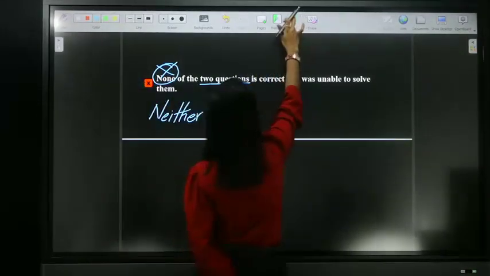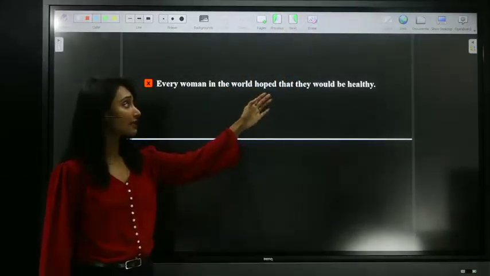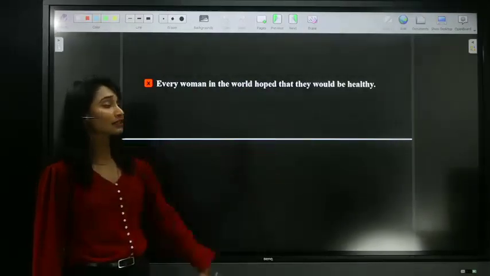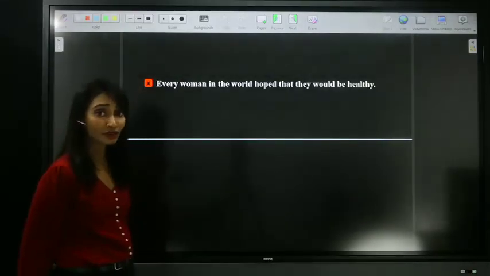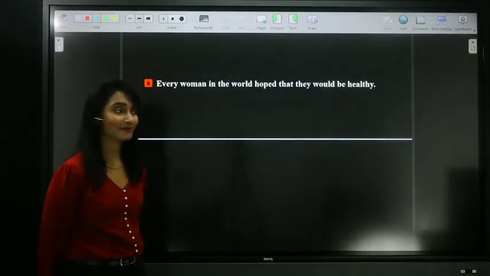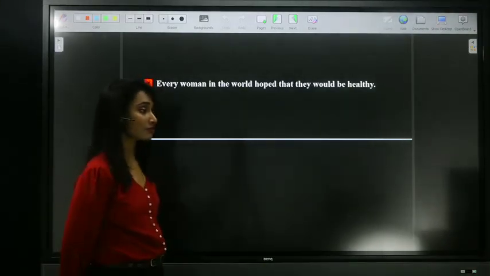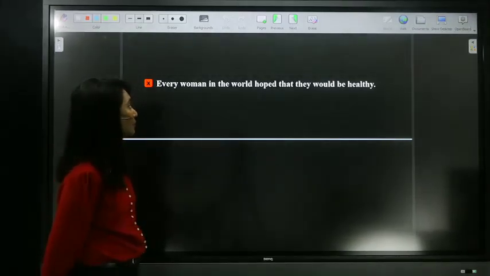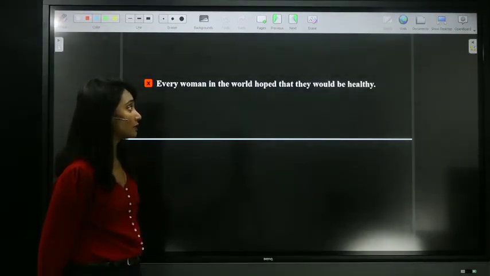Now look at the next one. Every woman in the world hoped that they would be healthy. Now, try to answer this one. Identify subject, verb, and object and check with the numbers and pronoun usage. Yes, Swapna also correct with neither of. Now, try to answer this, guys. Every woman in the world hoped that they would be healthy.